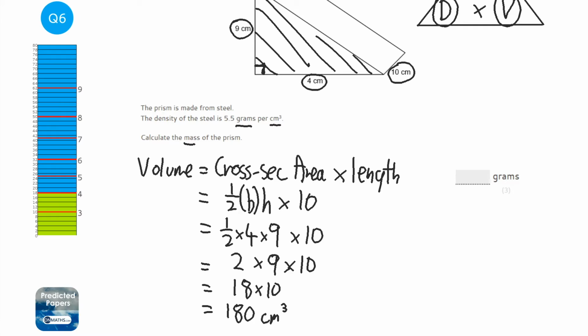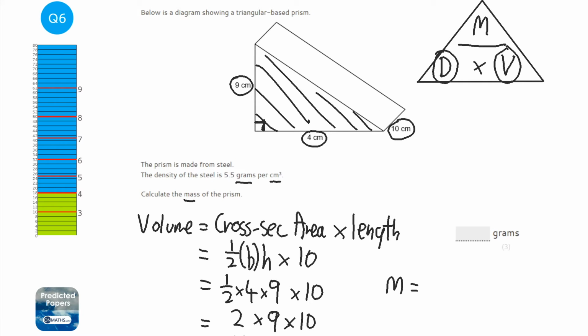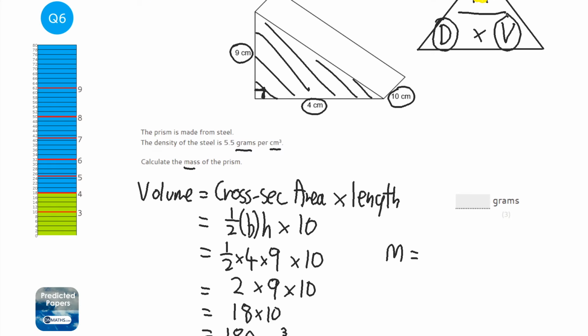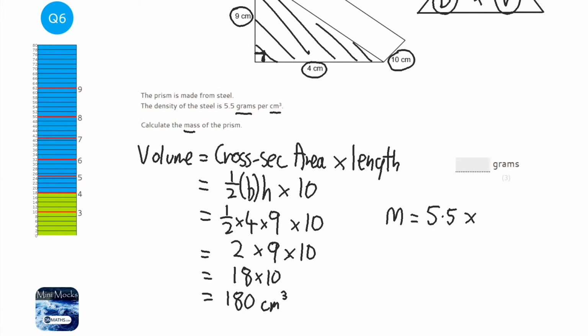So the volume is 180. To work out the mass, if I cover up the mass in the diagram, it says to work out the mass I do density times volume. The question gives me the density, which is 5.5, and I'm going to times that by 180.